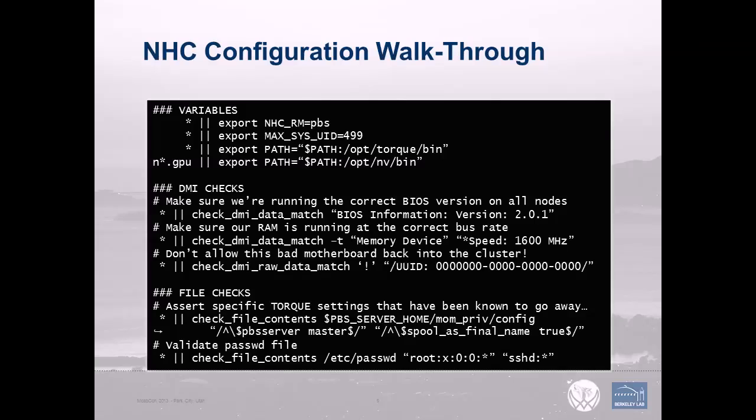The same basically is true with these two, with the caveat that if you use this check and only this check, the raw data match, you'll only take the hit for running dmidecode. If you want to do the regular data match that has the intelligence built in, it calls the function for raw to run dmidecode, so you won't take that hit again, but you will take a hit for doing the parsing.